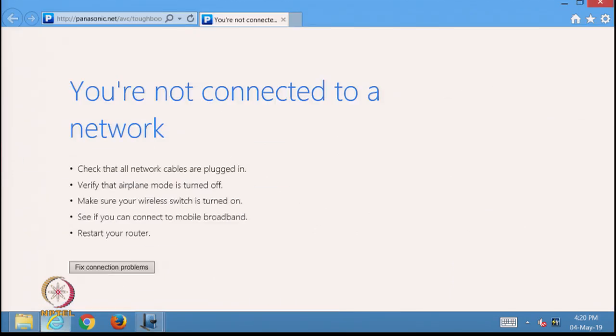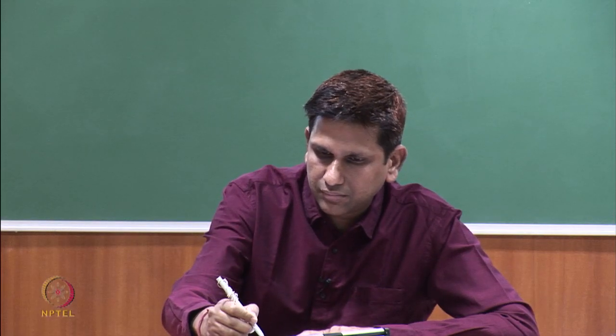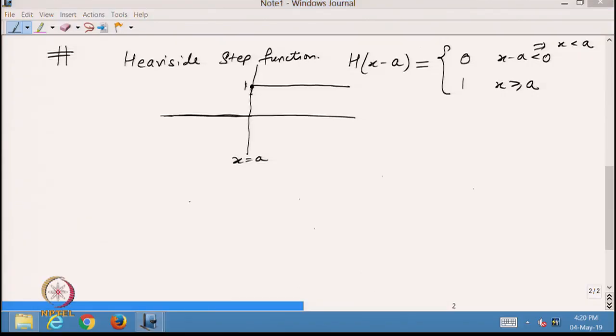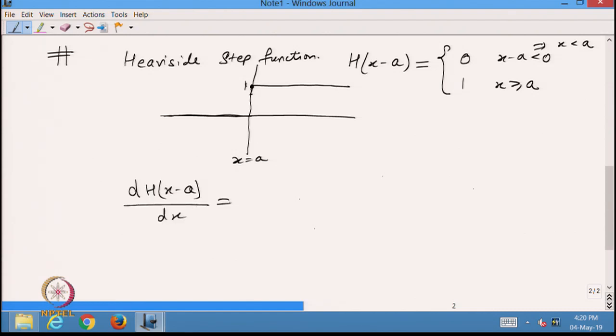Now let us define another function with the help of the Heaviside function. I want to take the derivative of this function, d of h(x minus a) by dx. At x equal to a, it has a jump discontinuity.